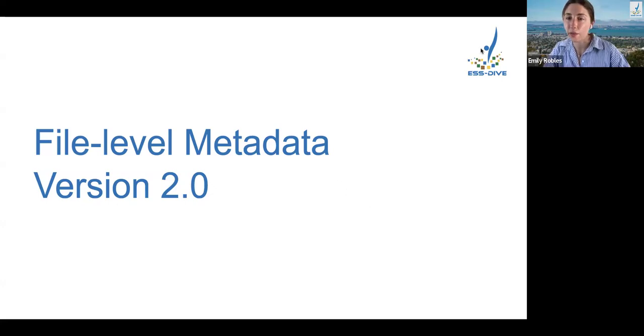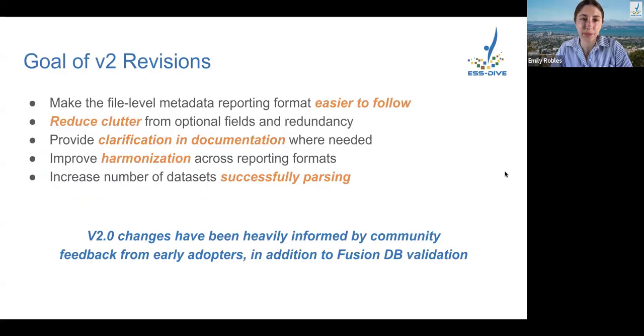All right, so now we are going to move forward with discussing the version changes for the file-level metadata reporting format. As Charu mentioned, a lot of these revisions are coming out of the Fusion database validation errors, but they've also been heavily informed by community feedback from early adopters.